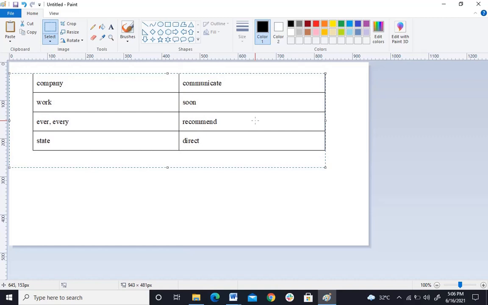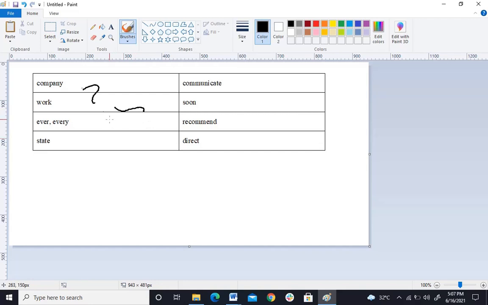So first, we have company. Yung ating company is represented by the strokes of letter K and P. Ulitin natin. K and P. Company. Now work. Parang si work lang siya. R and K. Work.